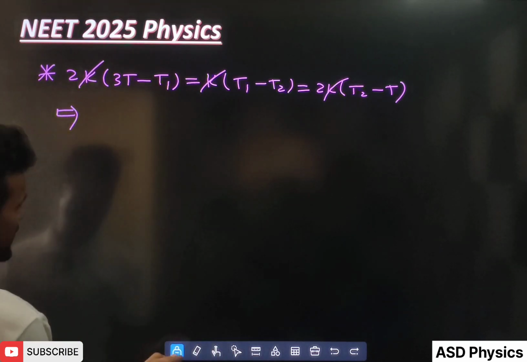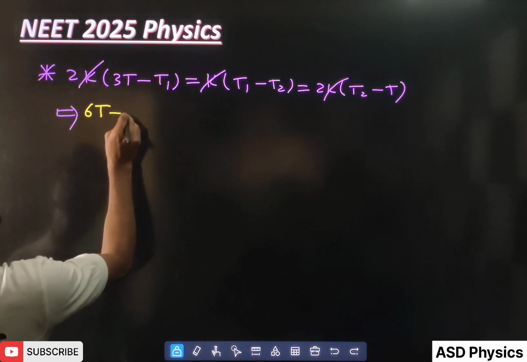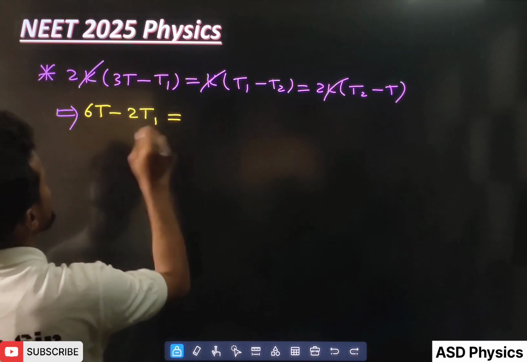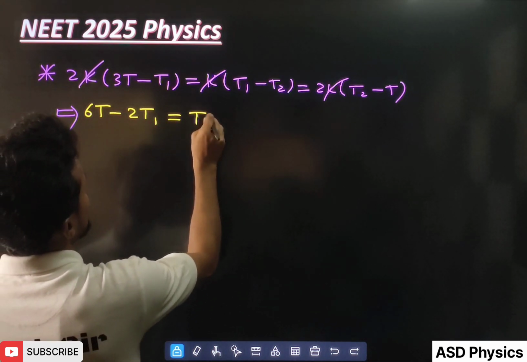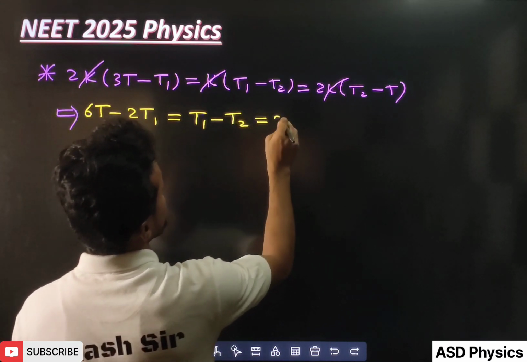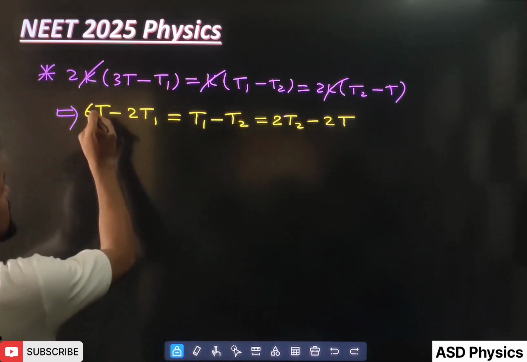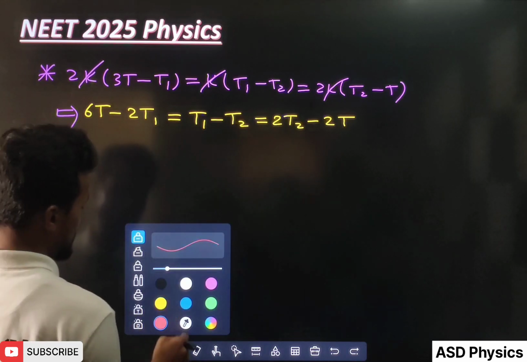Now what we can write here, students, just multiply the 2 inside, so 6T minus 2T1 is equal to T1 minus T2, and 2T2 minus 2T. So this is our equation. Now after that, one by one we'll go ahead.